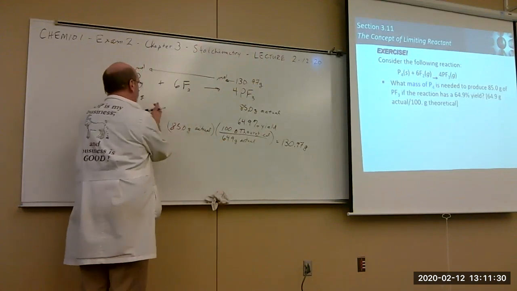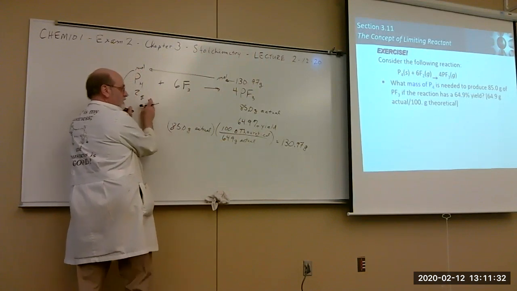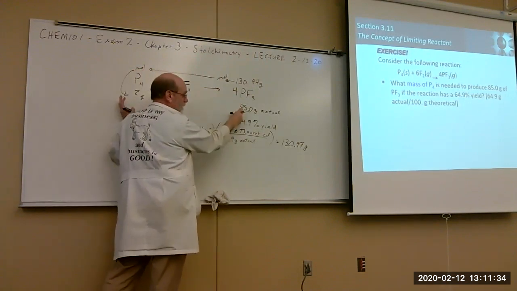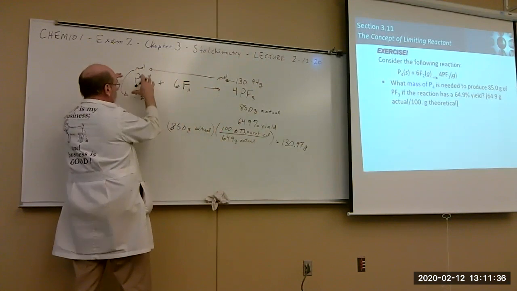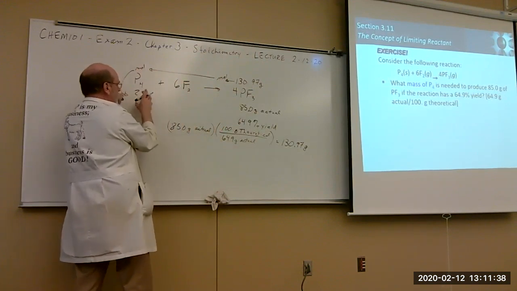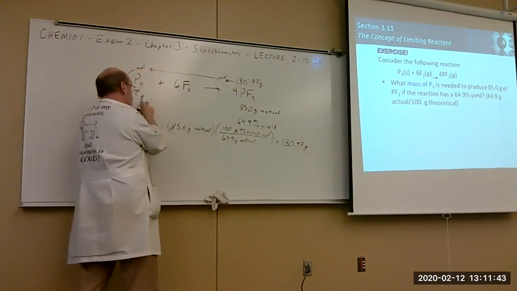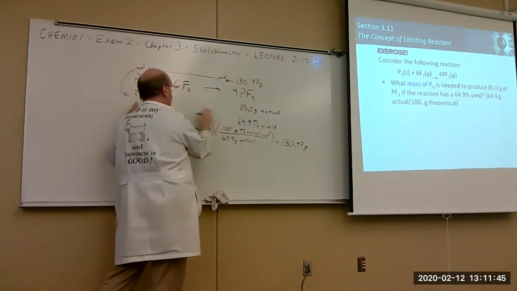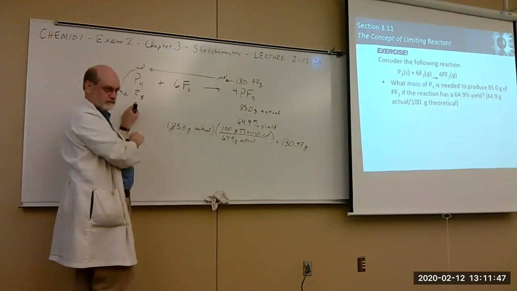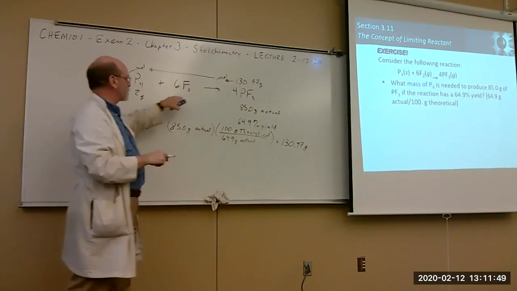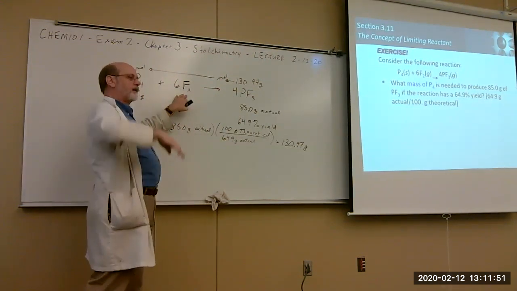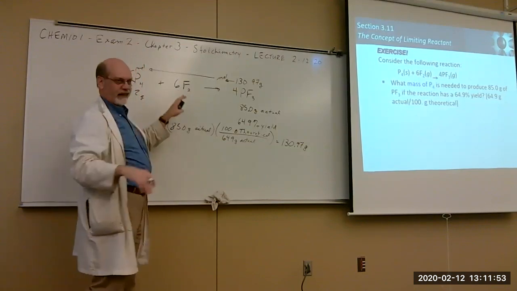But once we find out how much of this is required to give us that amount, then we can work from here and say, okay, stoichiometric amount will be this. And if we're focused on this producing that, we want to make this excess. So once you know how much of this you need stoichiometrically, you can bump it up to be sure that you've got plenty.